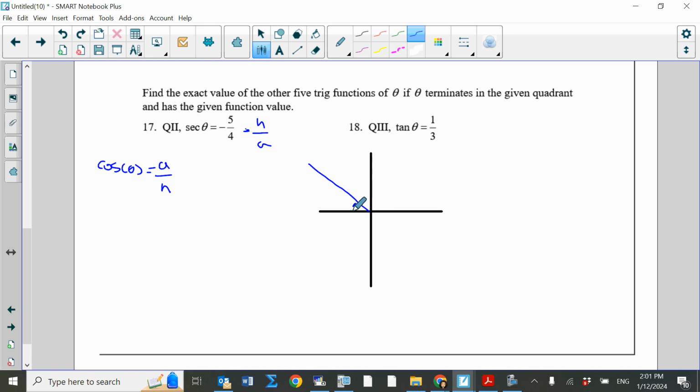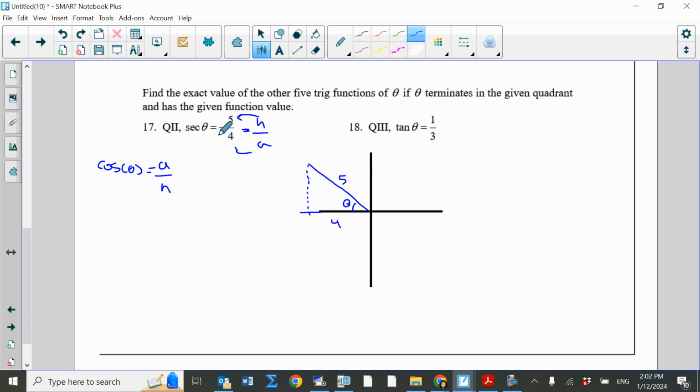Theta is this angle. I'm going to make a right triangle here. If this is theta, then hypotenuse will be equal to 5 and adjacent will be equal to 4. Hypotenuse of this triangle is here, and adjacent is 4.